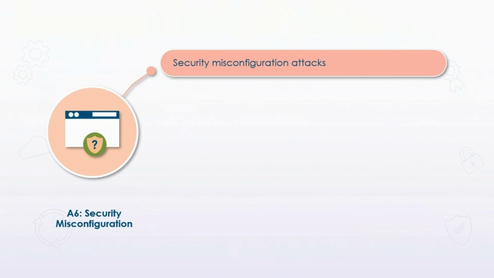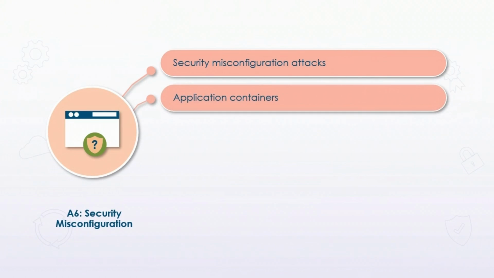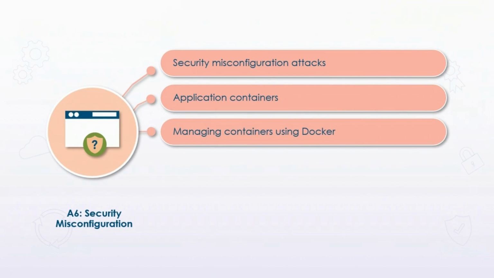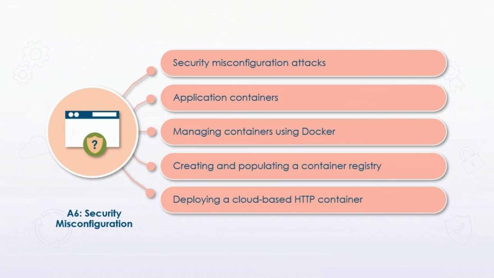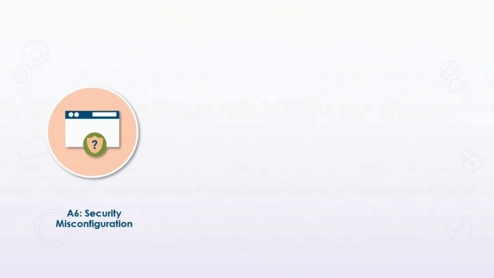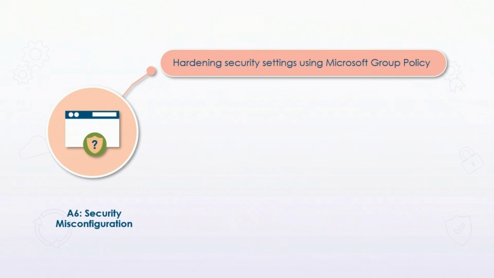So in this course, we've examined how to detect security misconfigurations and how to deploy solutions to remediate these weaknesses. We did this by exploring security misconfiguration attacks. We examined application containers and how to manage containers using Docker. We also looked at how to create and populate a container registry with container images and how to deploy a cloud-based HTTP container.